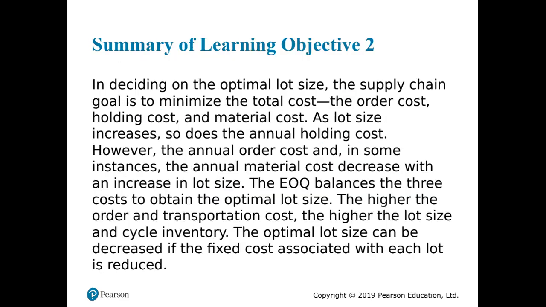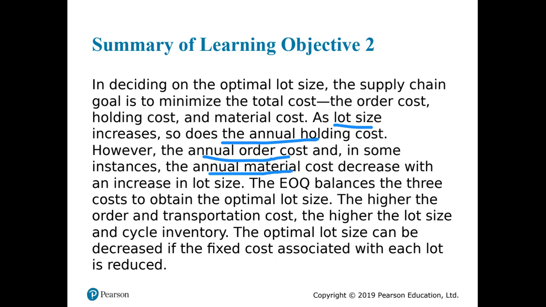So the summary of this is that in deciding on an optimal lot size, the supply chain goal is to minimize the total cost: the order cost, the holding cost, and the material cost. As lot size increases, the annual holding cost also increases. However, the annual order cost and, in some instances, the annual material cost decrease with the increase in lot size.